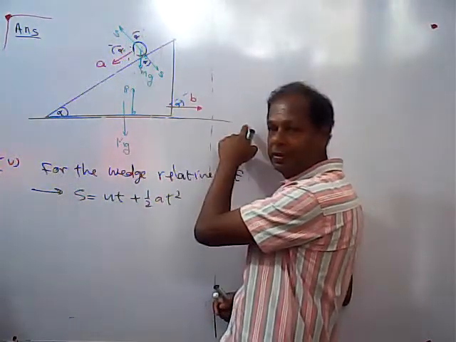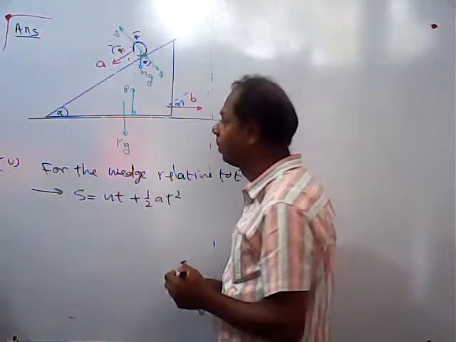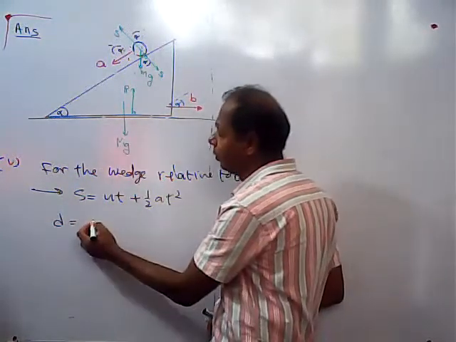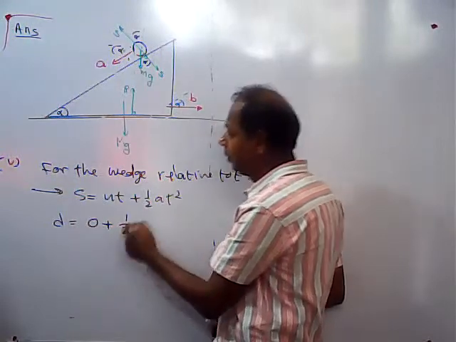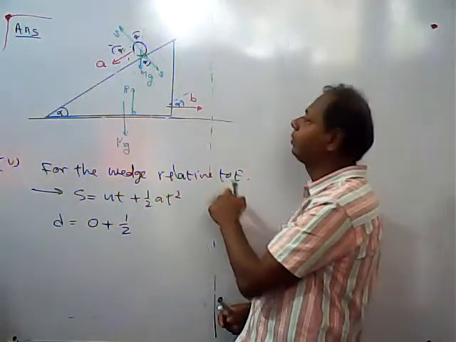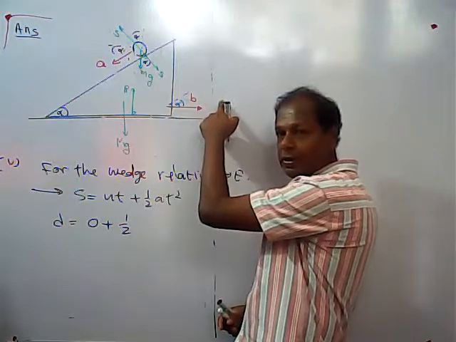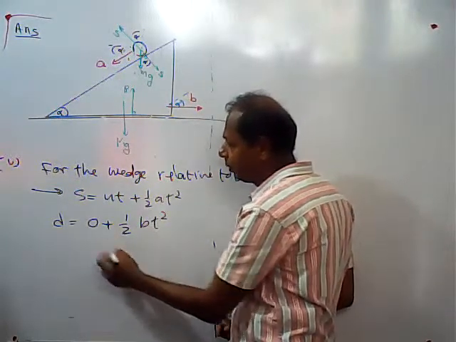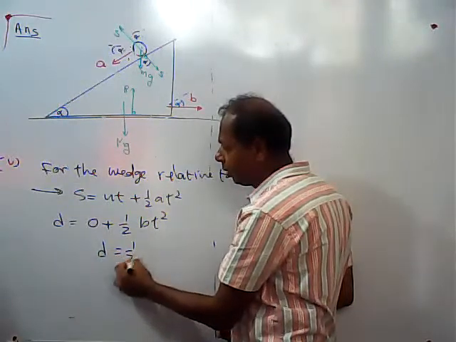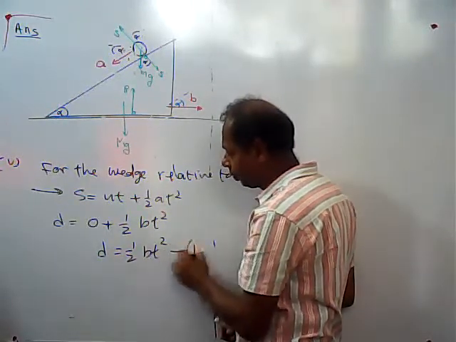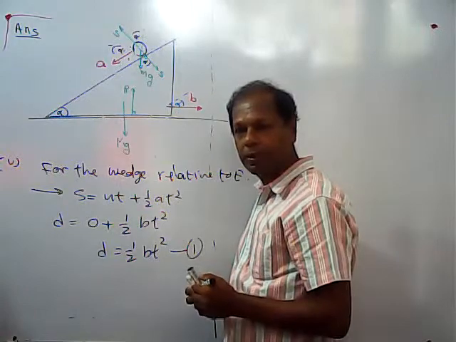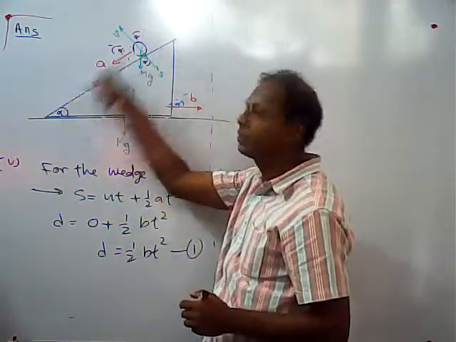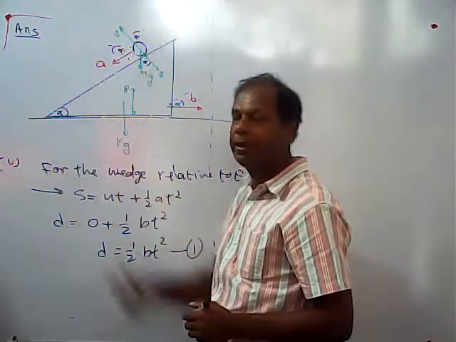This travels a distance d, right? d equals u is 0, it started from 0, plus half, relative to the earth frame, acceleration of the wedge is b. So it is half bt squared. So you get an equation d equals half bt squared, right?